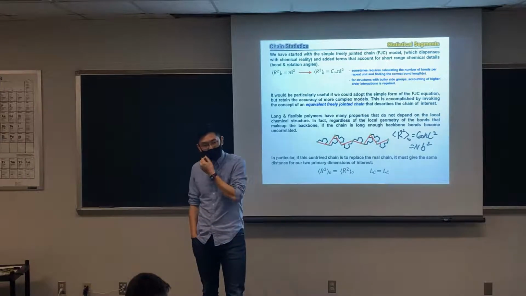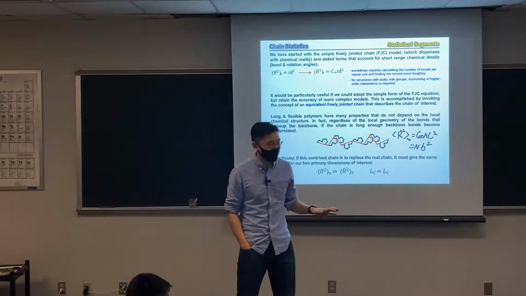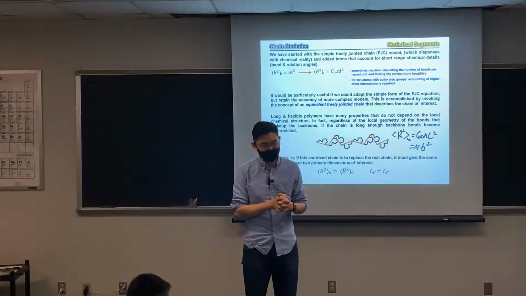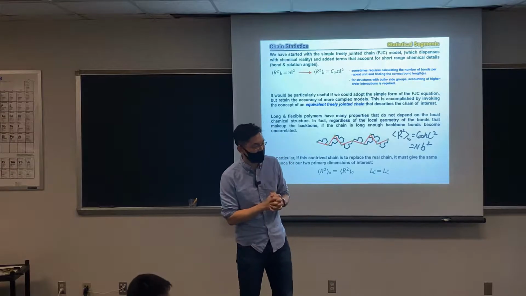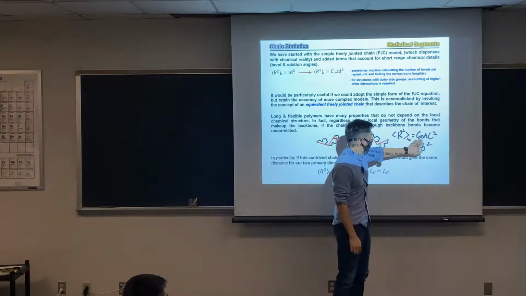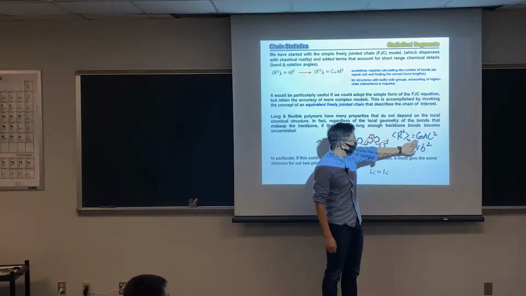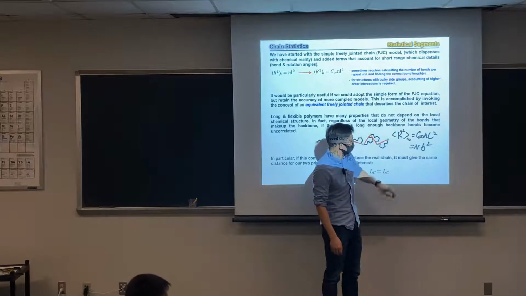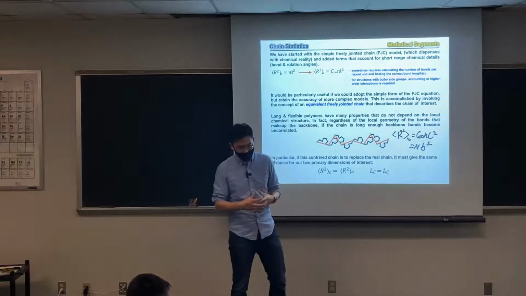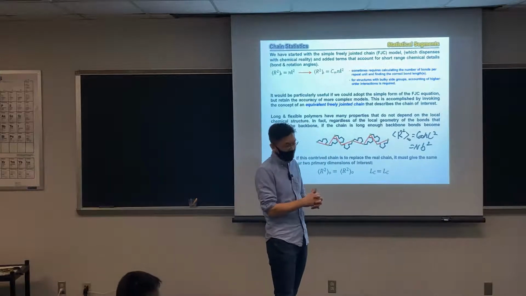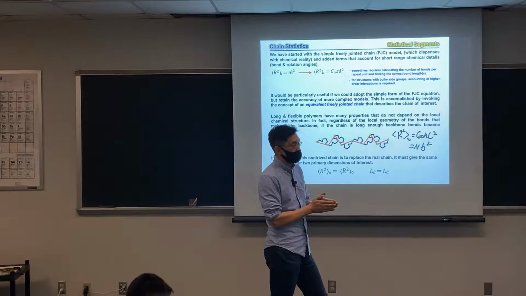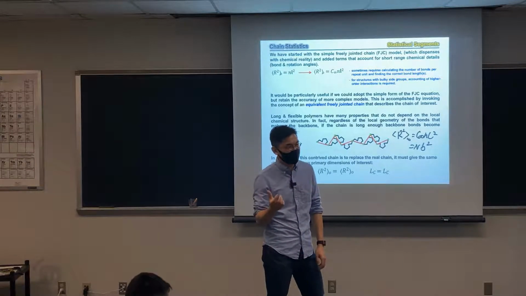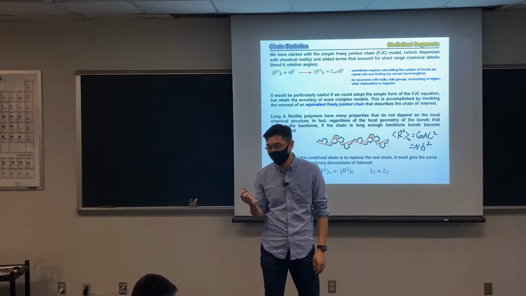Everybody understands by now what the characteristic ratio is, and what impact a free rotation chain and a hindered rotation chain have on this characteristic ratio. If you are a freely jointed chain, then you just have N l squared. There's no expansion factor. But a lot of the time, when we build physical models, it's much simpler if you don't have that prefactor. So some of the physicists came up with a very smart idea.